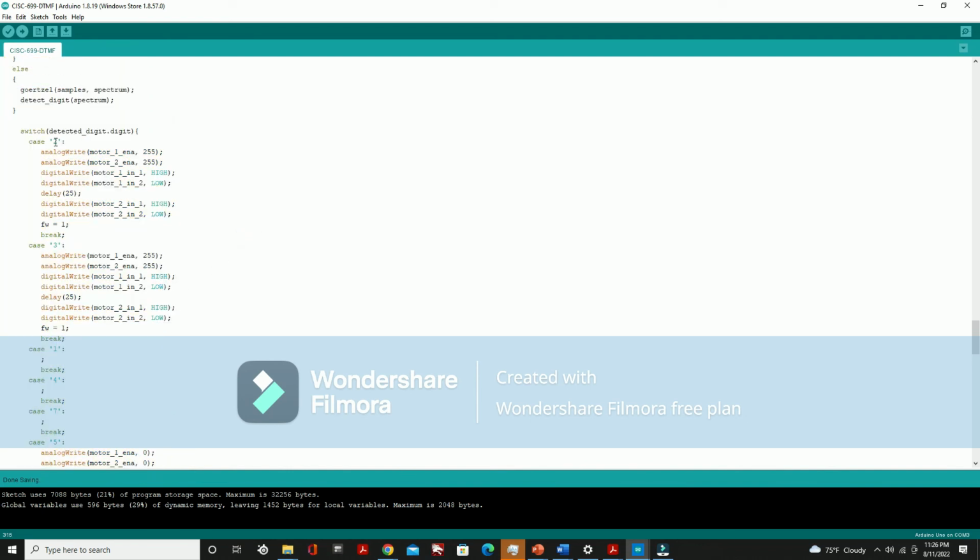For example, if the detected digit is 2, I enable the DC motors in the forward direction with the maximum speed of 255 duty cycle.